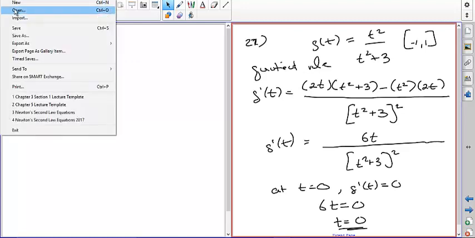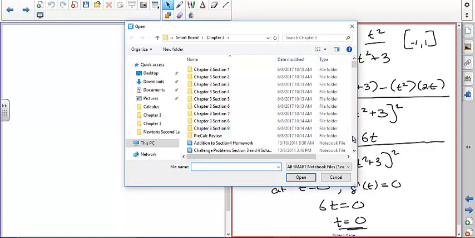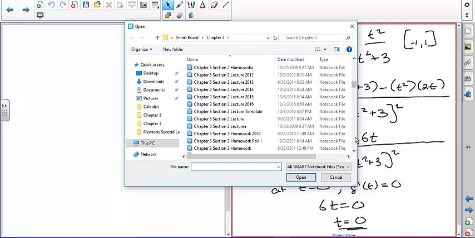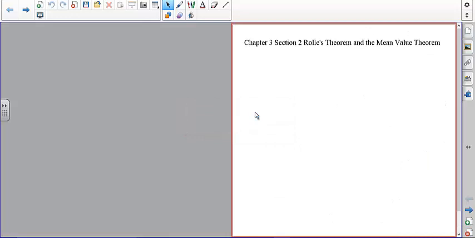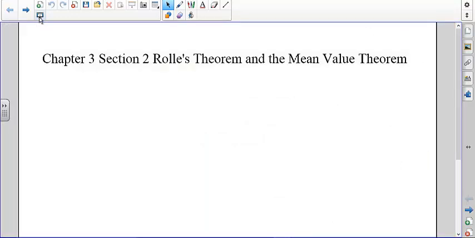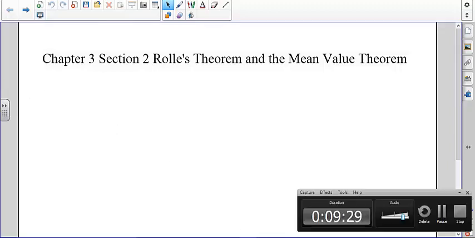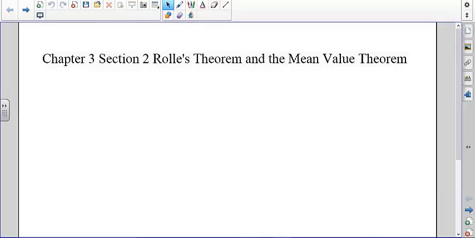Okay, we're going to section 2 now. So section 2, we're not going to spend a huge amount of time on.